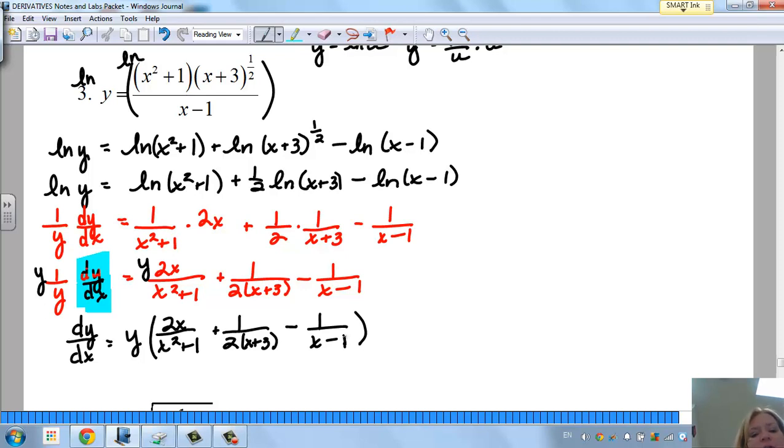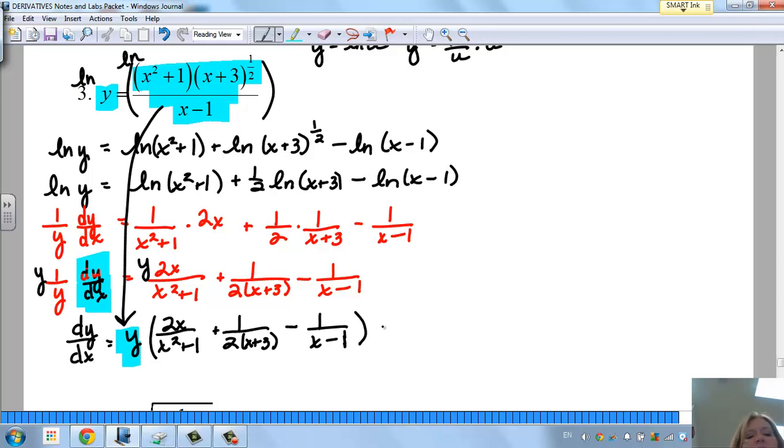So we're going to replace this y, going back up to replace it, because doesn't y equal this whole thing here? So you're basically going to replace the y with this right in that spot.